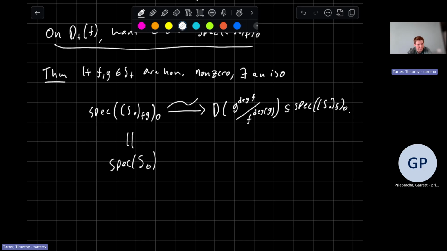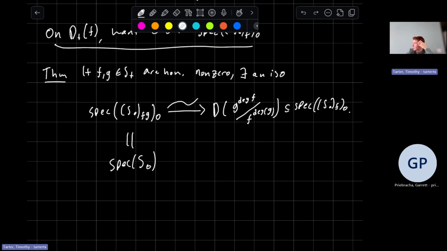Does that make sense, how I'm getting that this is Spec of S0, or rather that the stuff here is just that? Because that was throwing me for a loop. I was like, I think it's that. Is it that? Yeah.